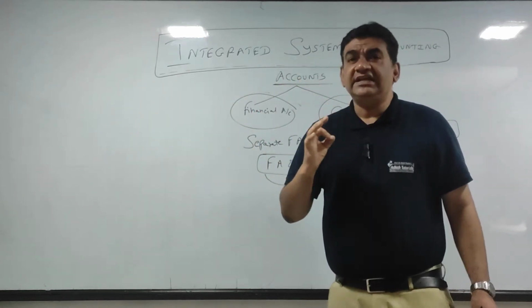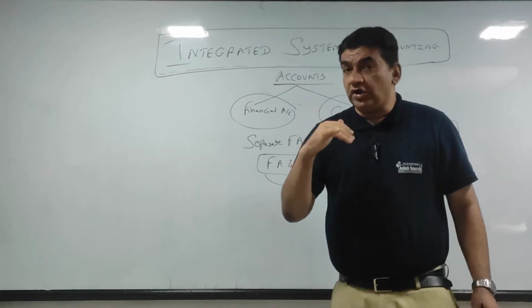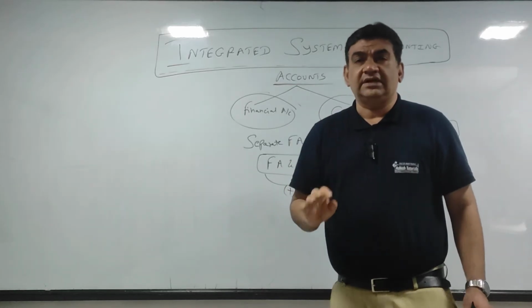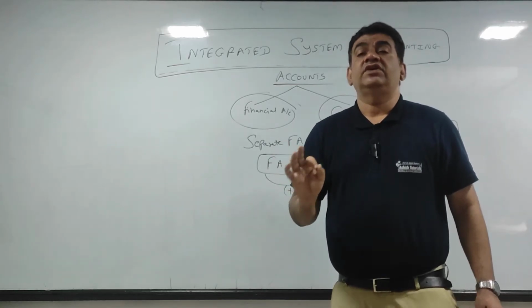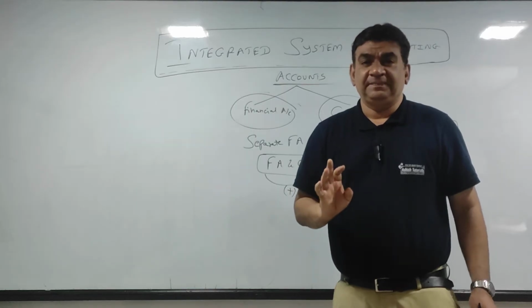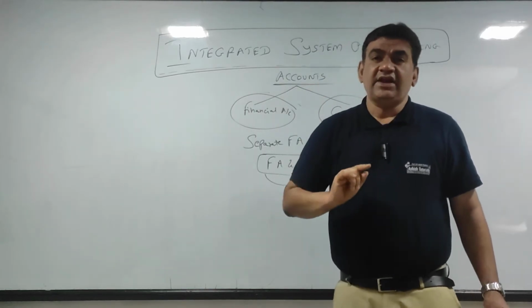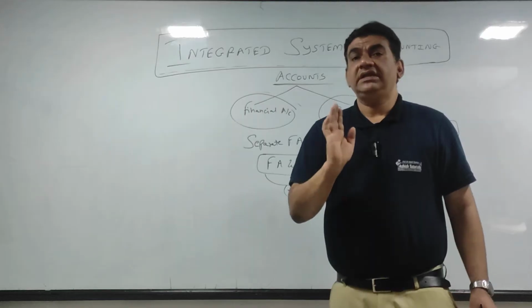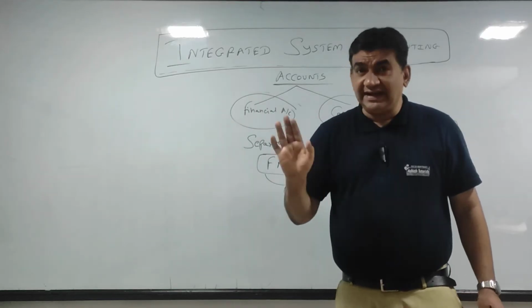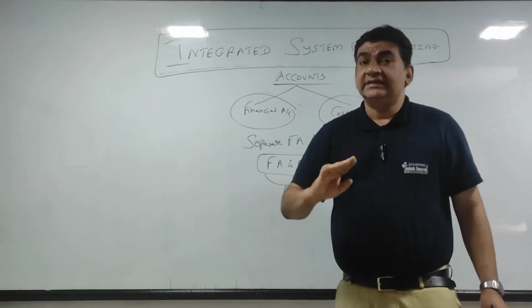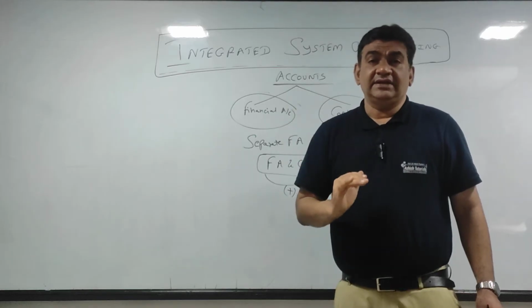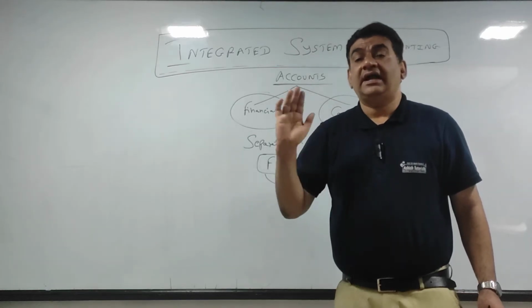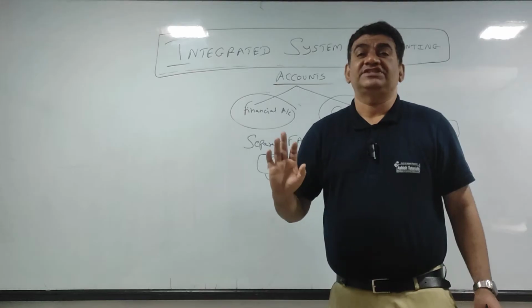If we do integrated first, then as I said at the start, 75% of non-integrated gets done. If you do non-integrated first, a little complication will be created. I don't say it is a bad thing, it's fine. But if you do integrated first, understanding of non-integrated becomes very, very simple.